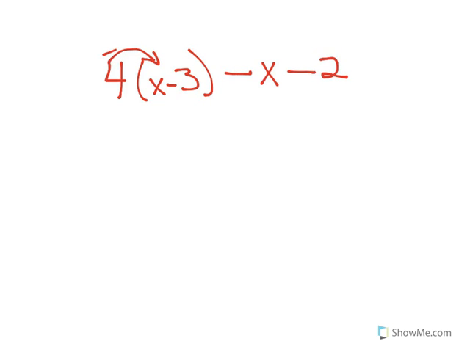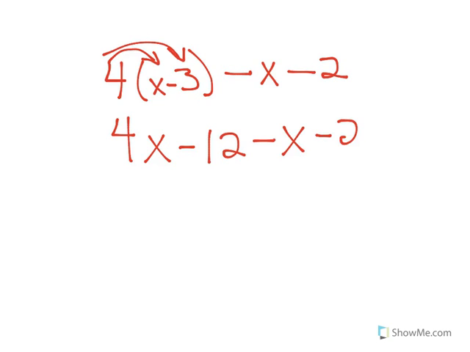It looks like, in the numerator, 4 times x minus 3 minus x plus 2, and we should go ahead and distribute this 4. So that's a 4x minus 12 minus an x minus a 2.